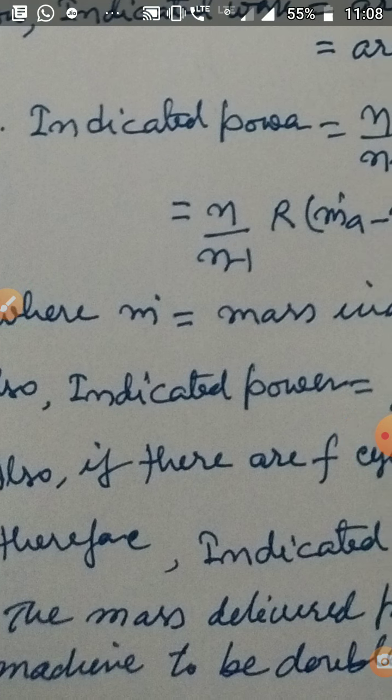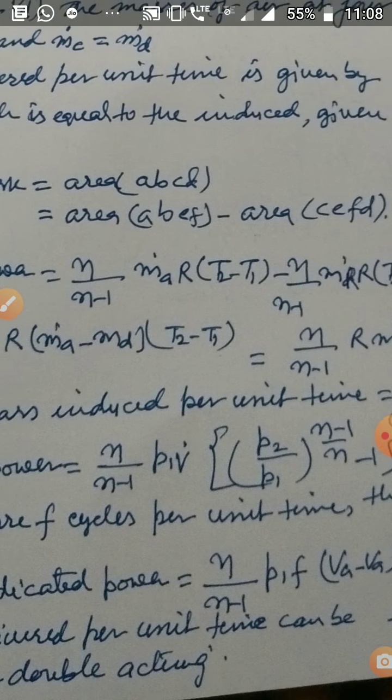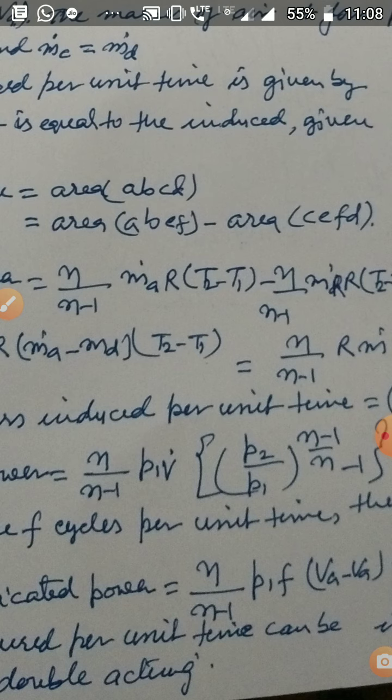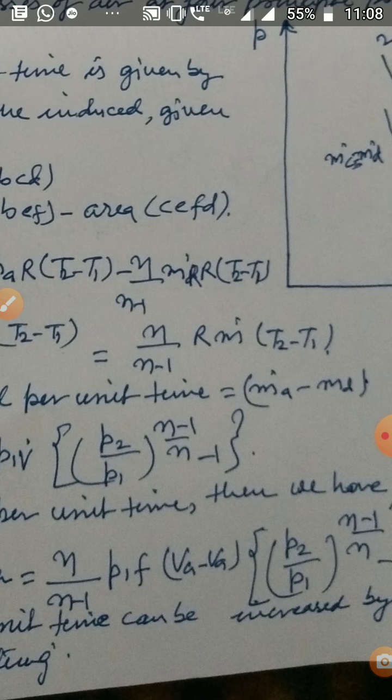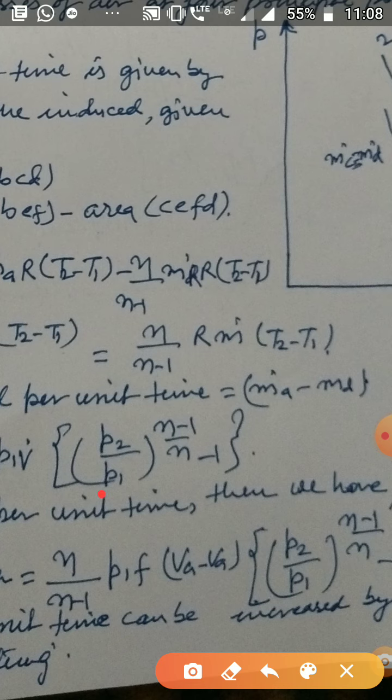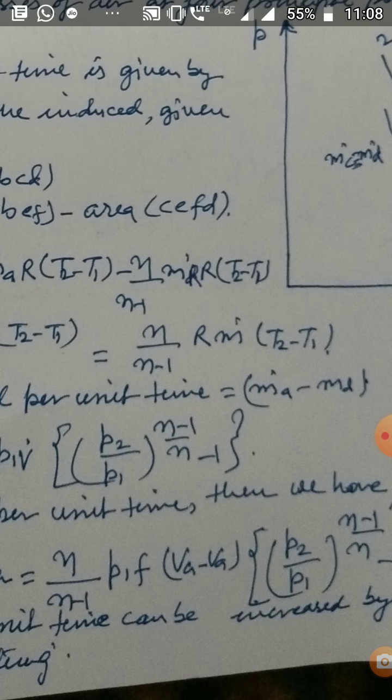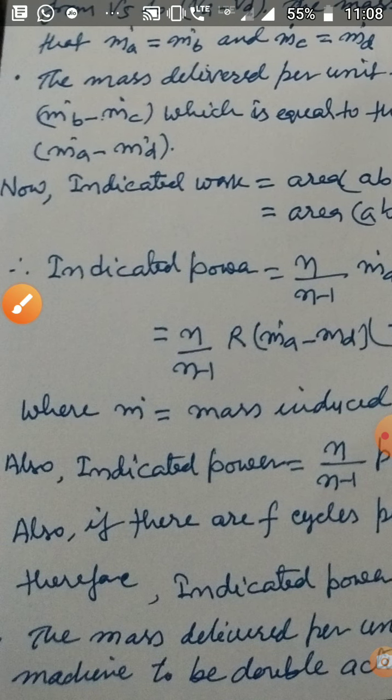Also, the indicated power can be written as n by n minus 1 p1 V dot in bracket (p2 by p1) whole to the power (n minus 1) upon n, minus 1. Here the (p2 by p1) whole to the power (n minus 1) upon n is replaced by the temperature ratio and written in the pressure terms.